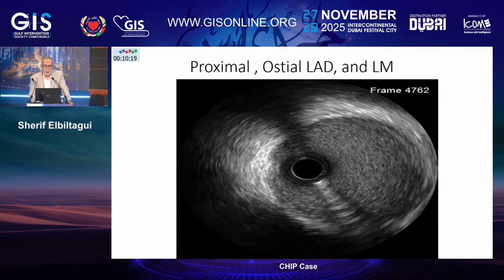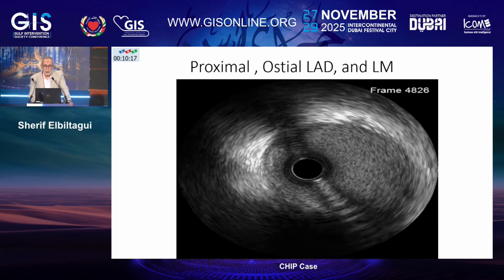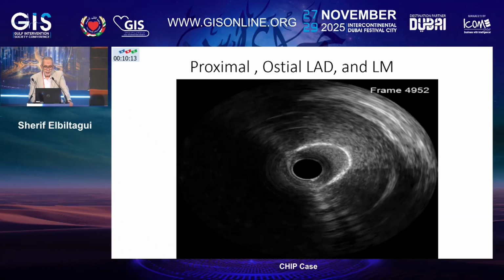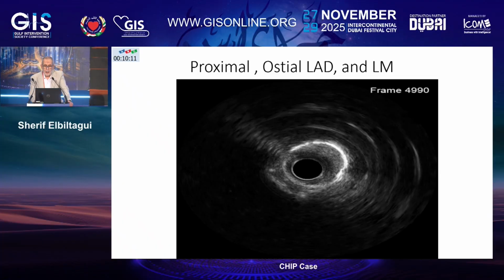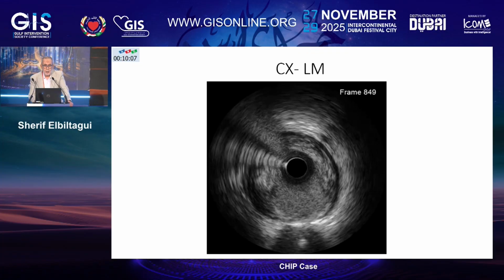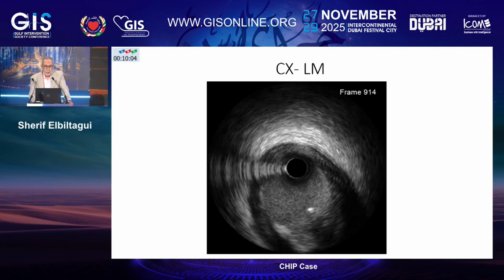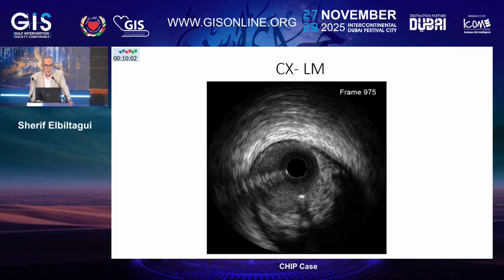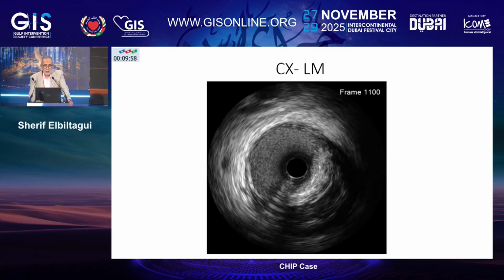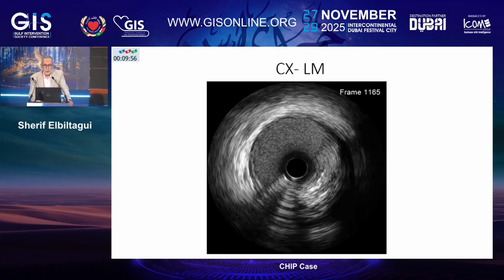That's at the ostial and proximal segment of this huge left main, about 6 millimeter, not less than 6 millimeter. The CX is diffusely diseased with some calcium at the ostium, but with a good MLA, and then you go to the left main lesion.